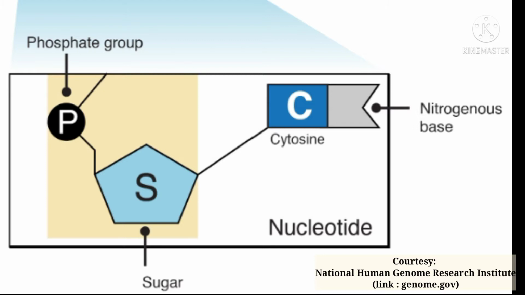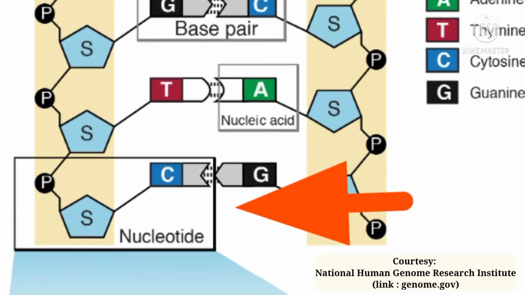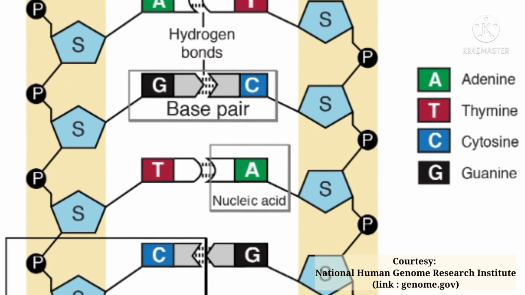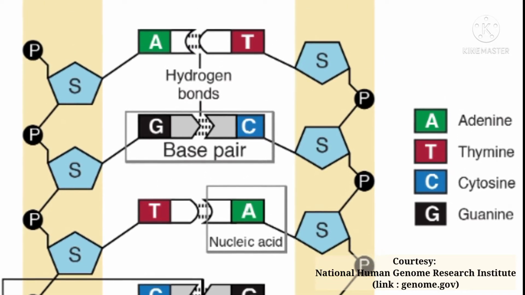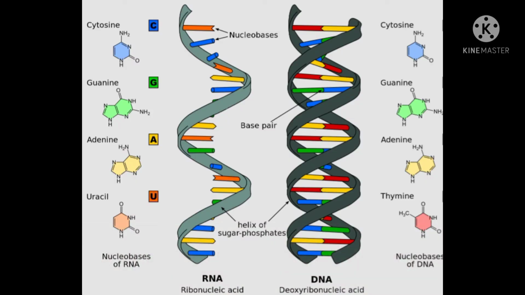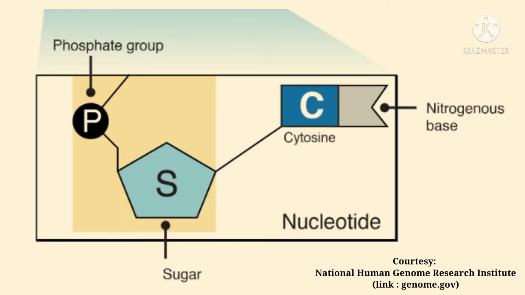In nucleic acids, the individual nucleotides are joined by a phosphodiester bond to form a polymer called polynucleotide. The nucleic acid RNA consists of one polynucleotide chain, whereas DNA consists of two polynucleotide chains. We learned what is a nucleotide.